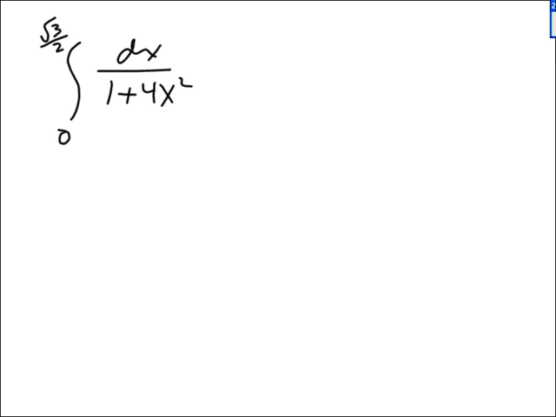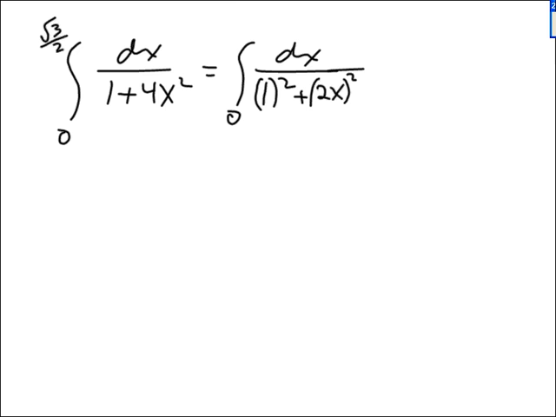Whenever the bottom, whether it has a square root or not, is one thing squared plus or minus something else squared, or if you can get it to be like that, it's going to be what I like to call a trig substitution.